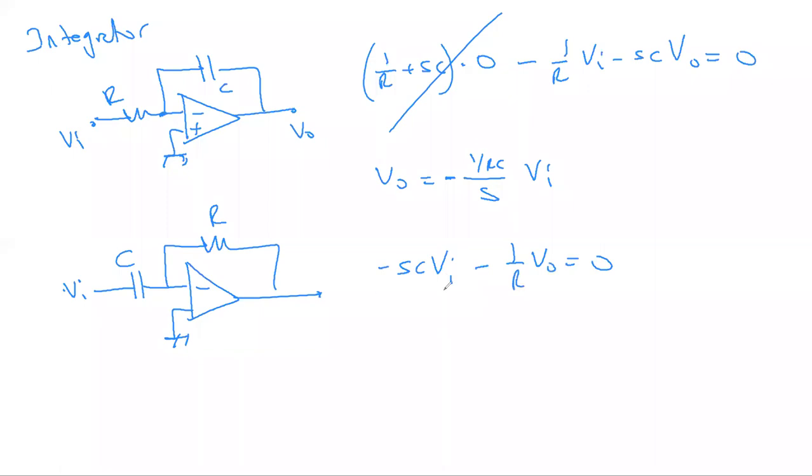The node equation is going to give me this term, and from here I will have V0 is equal to minus RC times S times VI. So S times VI is going to give me the derivative effect. So this is the derivative-taking circuit.